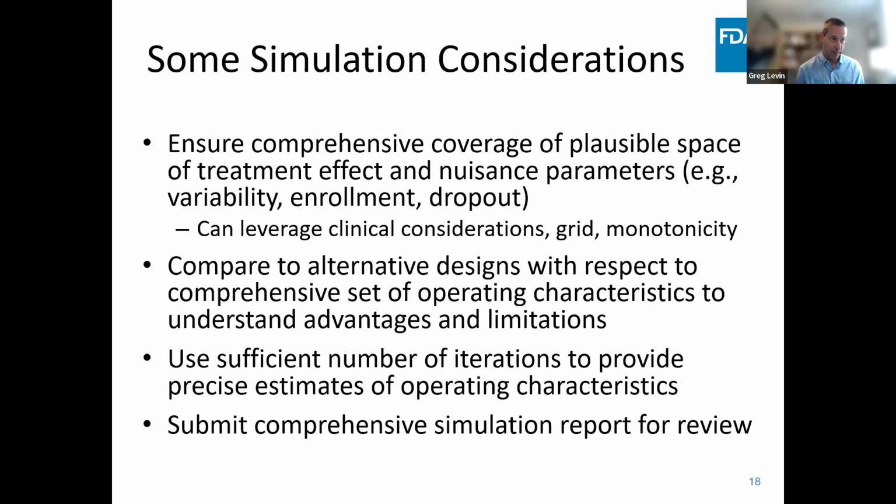It's also important to compare to alternative designs with respect to a comprehensive set of operating characteristics so that we can have a good understanding of the advantages and the limitations. This can be really important, as Andrew Thompson just mentioned, when there are a lot of complexities, to understand what the rationale is and what the advantages are. There should be a sufficient number of iterations of repeated clinical trials simulated to have sufficiently precise estimates of the operating characteristics, and having a comprehensive report of the design and the results of the simulations is also important.